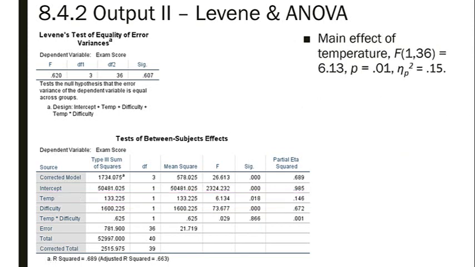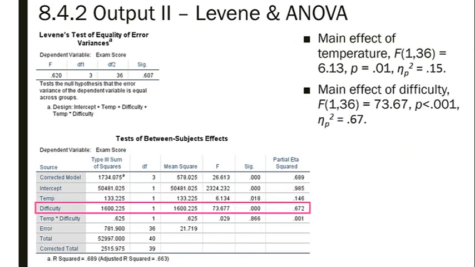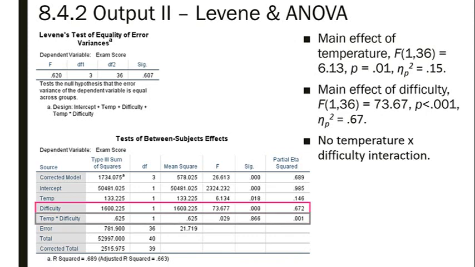So there's a main effect of temperature. There's also a main effect of difficulty. And you probably noticed that the effect size for difficulty is much, much bigger than the effect size for temperature. The last thing we want to notice is, as we suspected, there is no temperature by difficulty interaction.